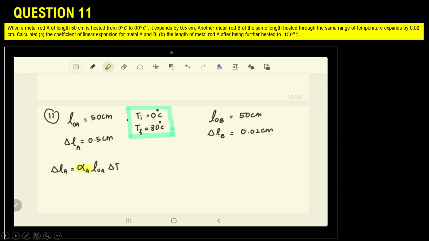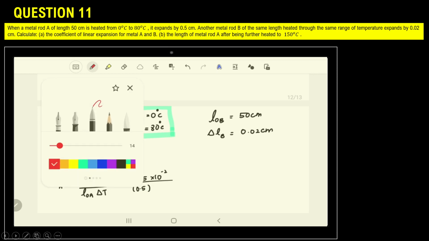Okay, so rearrange this equation. We have alpha A is equal to delta L A over L naught A delta T. Okay, so now we have all the values. We can substitute delta L A is 0.5 times 10 power of negative 2 meter, over L naught A is 50 centimeter, convert to meter, it's 0.5 meter, and delta T, T final minus T initial.